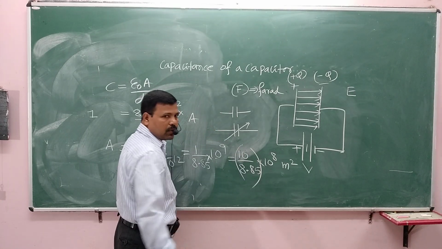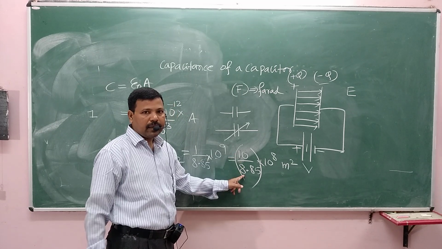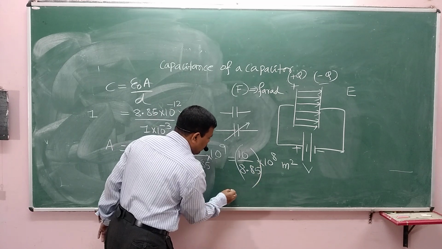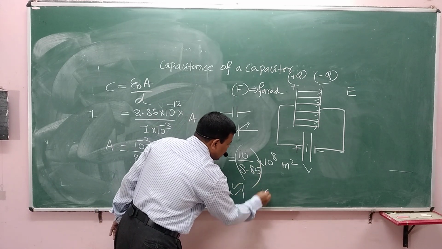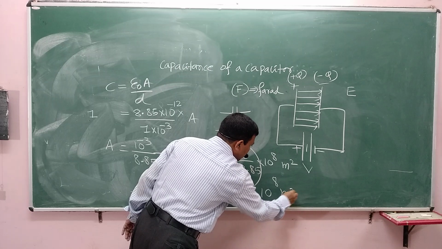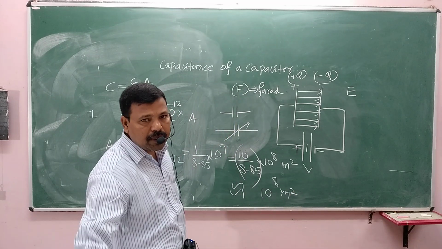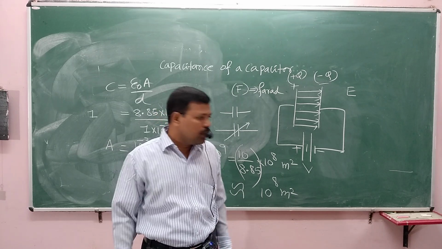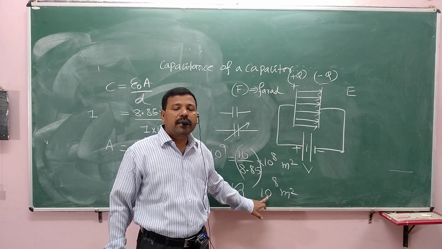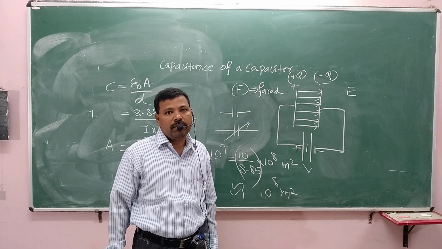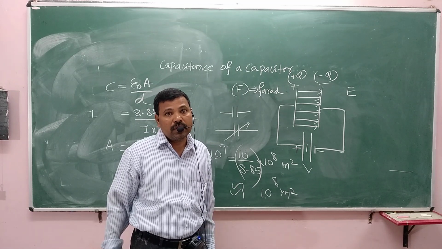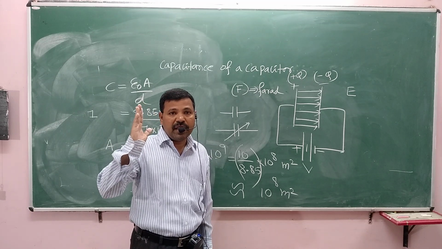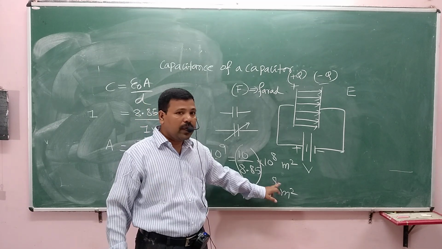Approximately, that means each plate of the capacitor should have an area of about 10 raised to 8 meter square. It's very difficult to construct a capacitor with each plate of area 10 raised to 8 meter square.